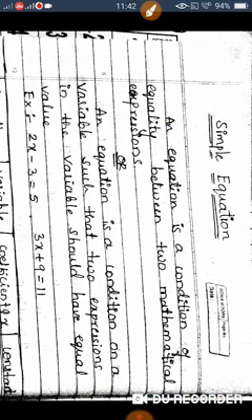If there is nothing in front of x, we can take it as 1, because 1 into x is x. So this one is the coefficient of variable x. In the same way, only variables and constants with arithmetic operations are called an algebraic expression.